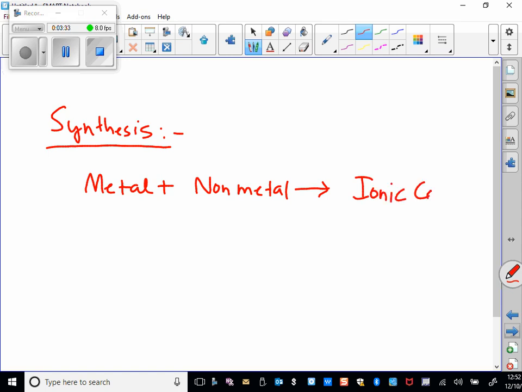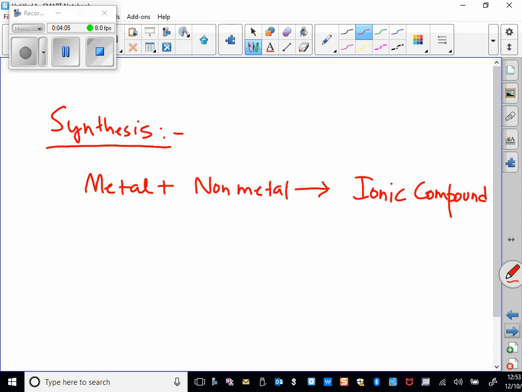An ionic compound. Whenever you combine a metal with a non-metal, it will make an ionic compound. This is the only type of synthesis reaction that we are going to learn in this class. And you will be asked to predict products for such a reaction. Is that understood? I may choose to give you any metal, any non-metal, and expect you to predict the product.